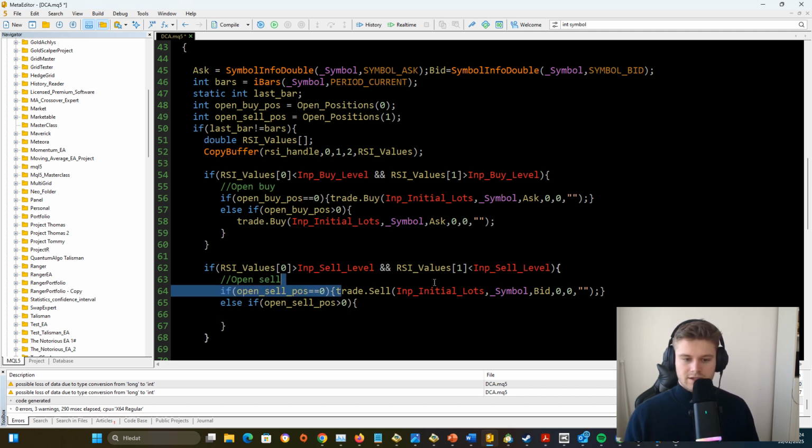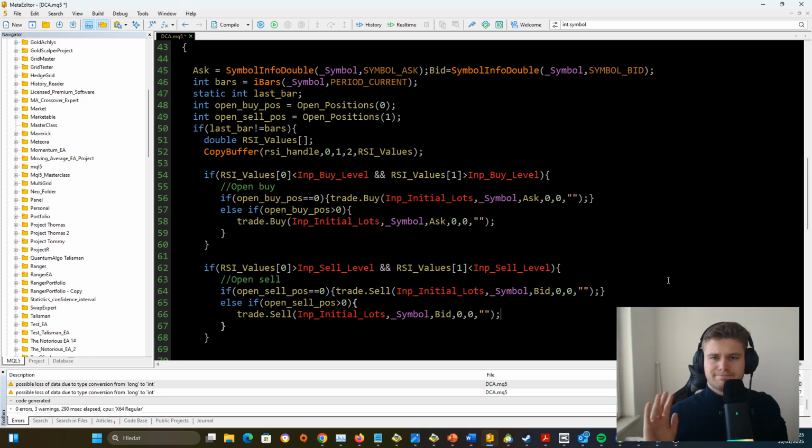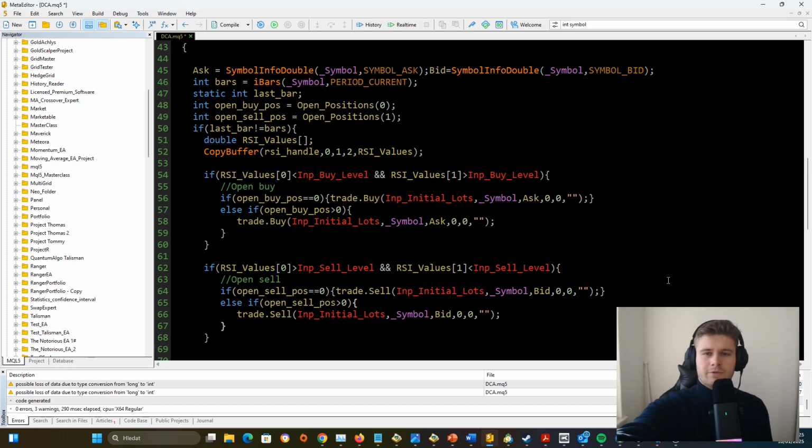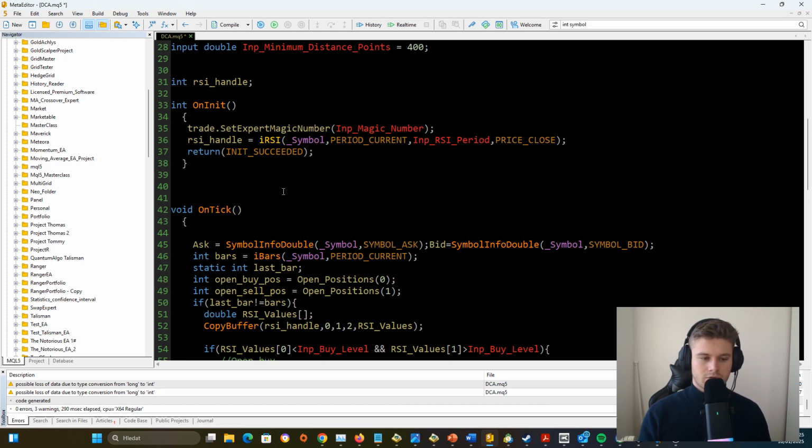So now obviously we need to keep track of the last lot size. Here on global scope, I will create 4 new variables.